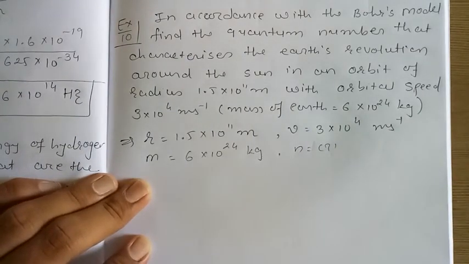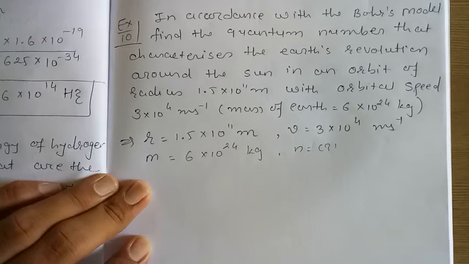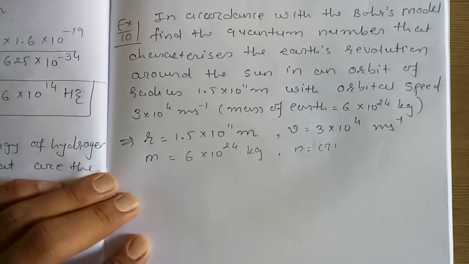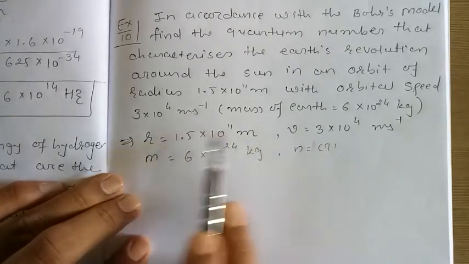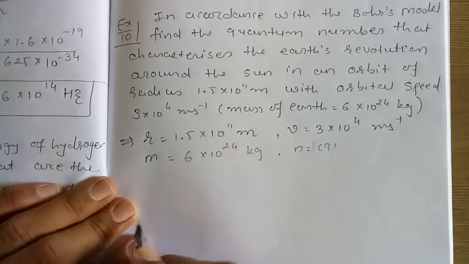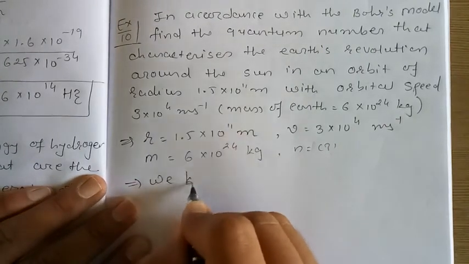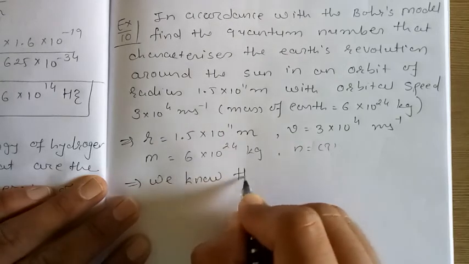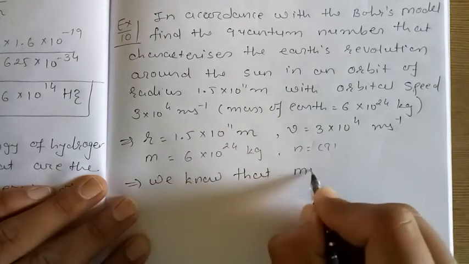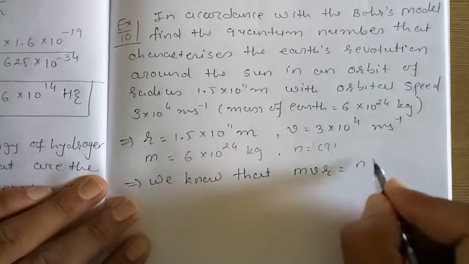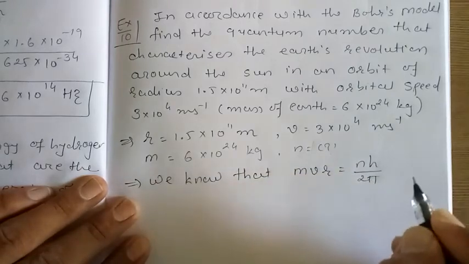So we know the Bohr's hypothesis. We know that mvr is equal to nh upon 2 pi.